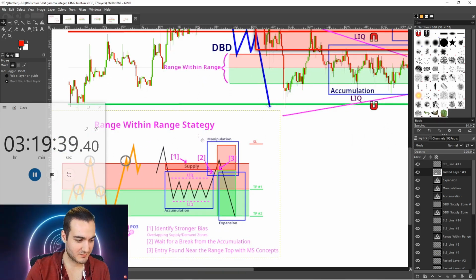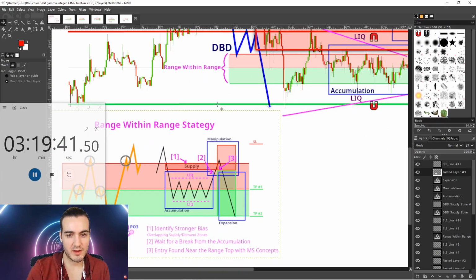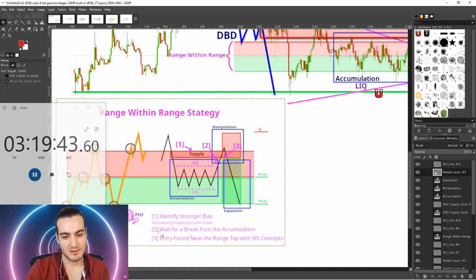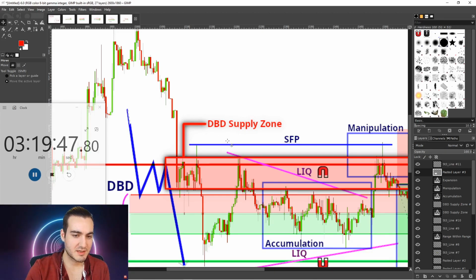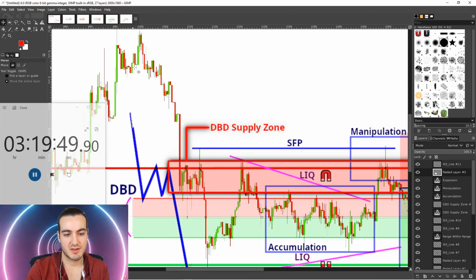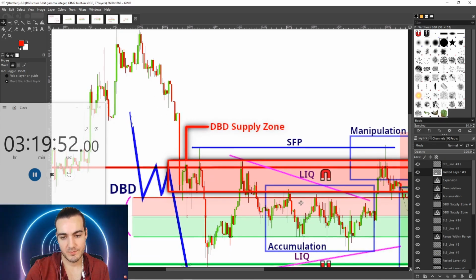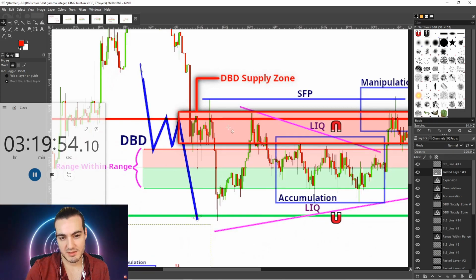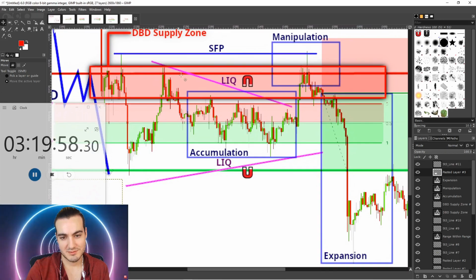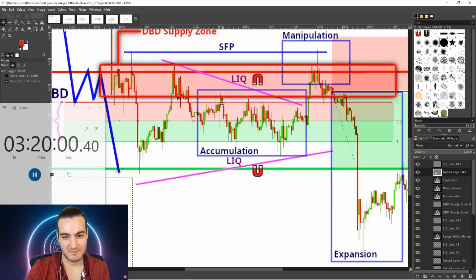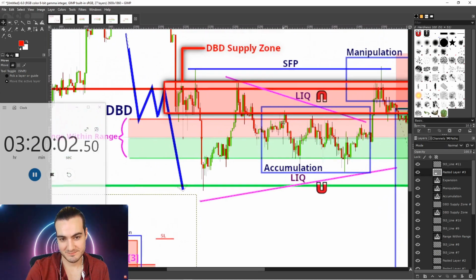All right, we have the range within range. So identify the stronger bias. In this case, the stronger bias is formed by the drop-base drop, and the drop-base drop supply zone would be the main pull, or the determining factor for that stronger bias.